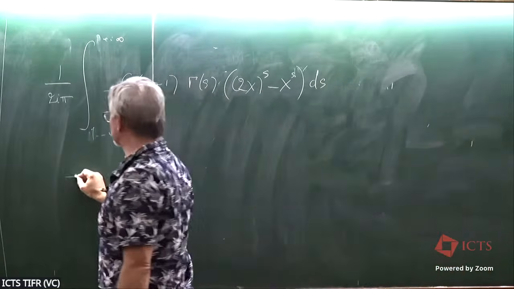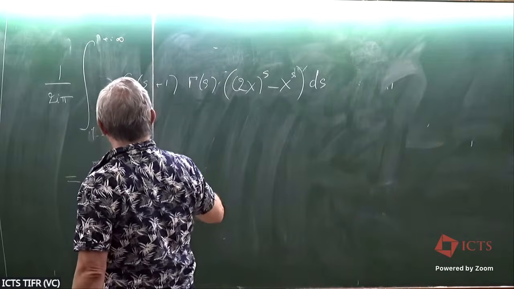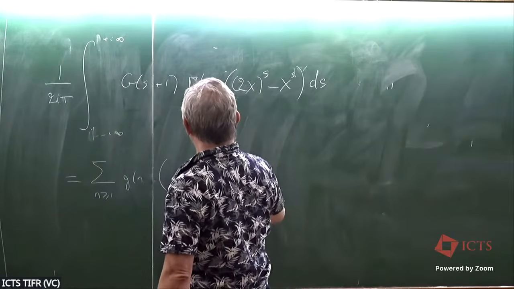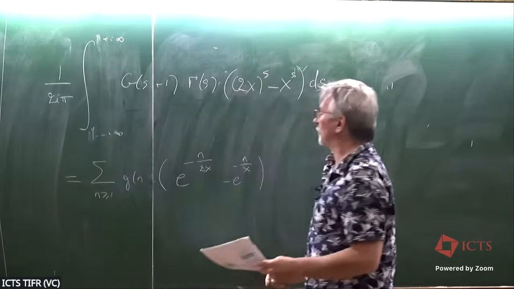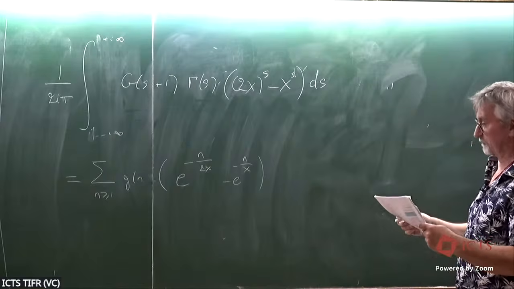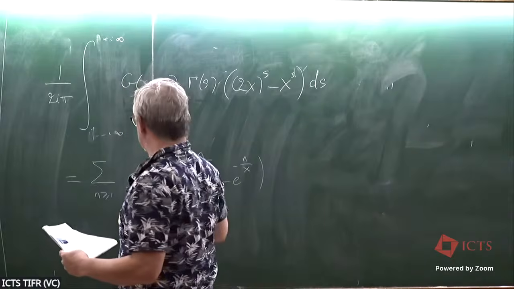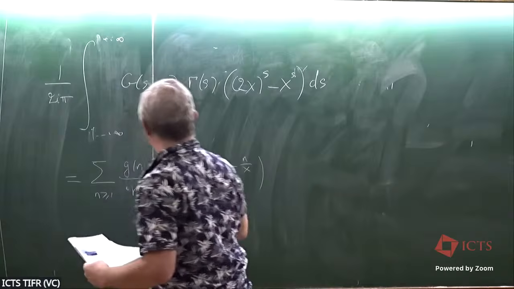You know that this one is the sum for n larger than 1 of G of n, e to the minus n upon 2x minus e to the minus n by x. That's what my sheet of paper tells me. Except that it's plus 1, so it's G of n by n.